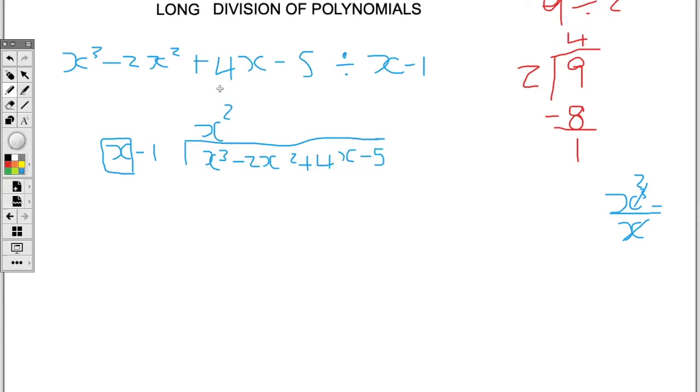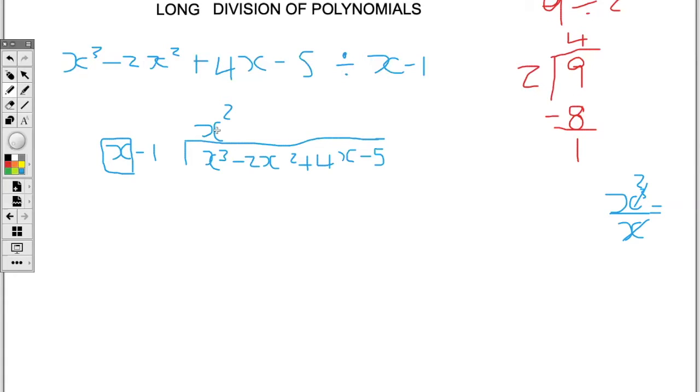Once I have the first variable in my quotient, I will be multiplying to get the variable below the x cubed. So just as how we say 2 into 9 was 4 times, and then 4 times 2 to give me 8. So we see x into x cubed gives us x squared.